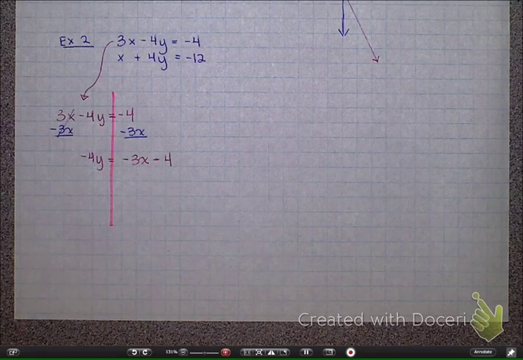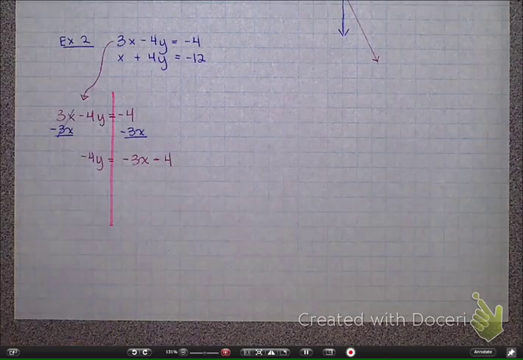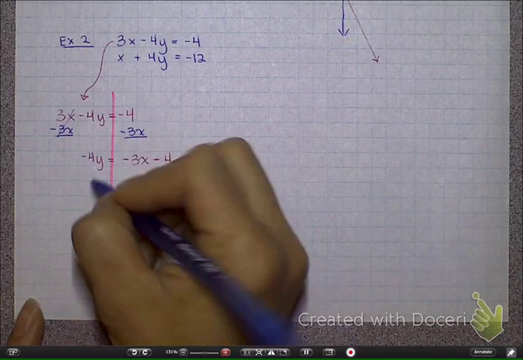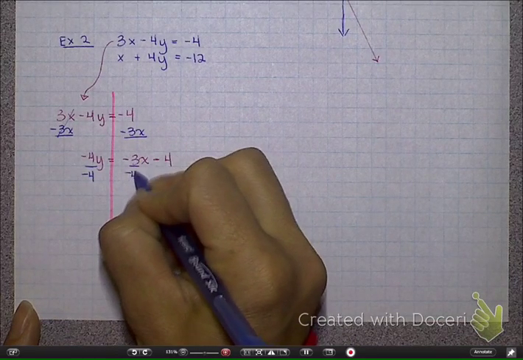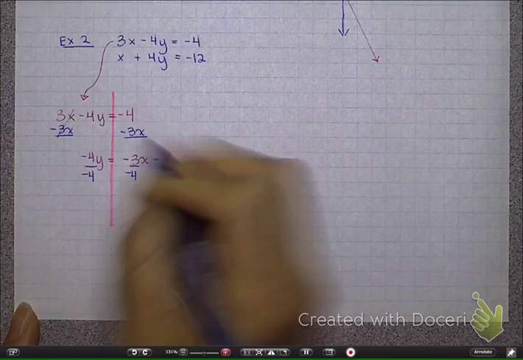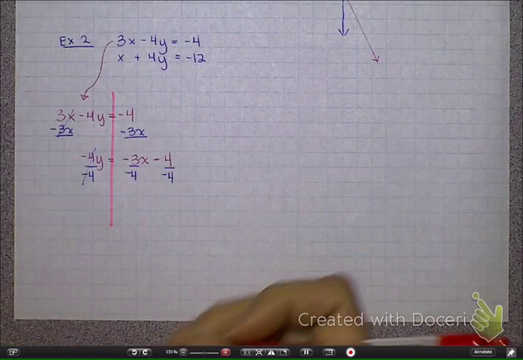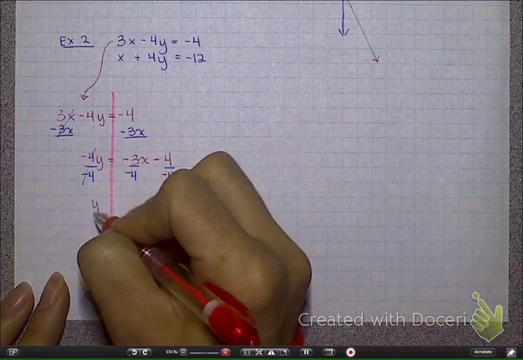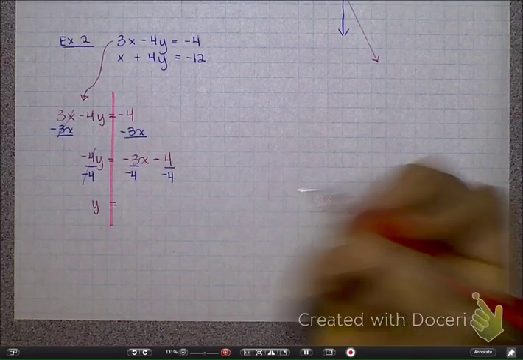All right. So now how do I continue to isolate y? Yeah, this 4 is multiplying. Let's divide by that negative 4. We're going to divide all of the parts. Okay. So here's what we get when we solve for y. Y equals, what's a negative divided by a negative over here?